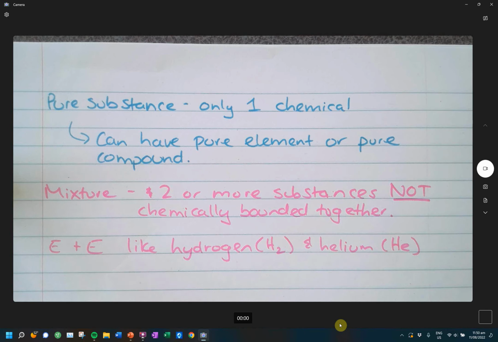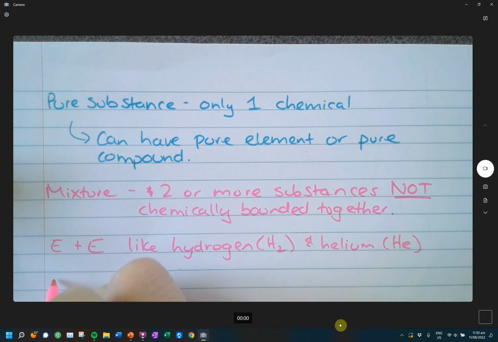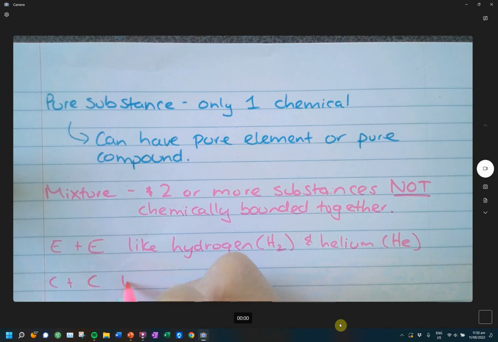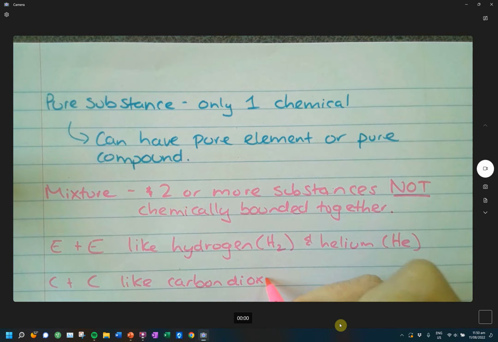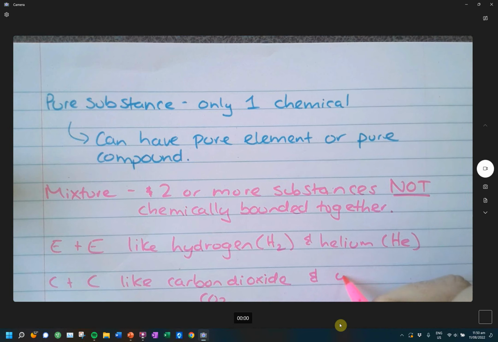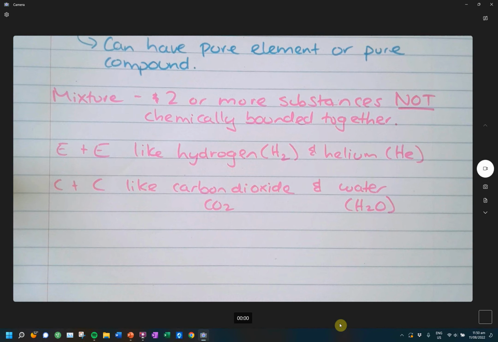I could also have a mixture of 2 compounds, a compound and a compound, like carbon dioxide, which is CO2, and water, which is H2O.